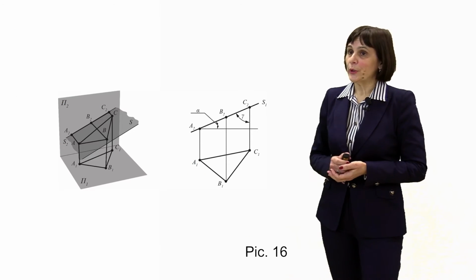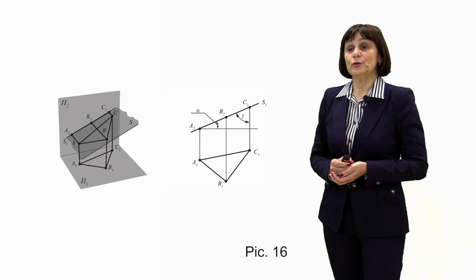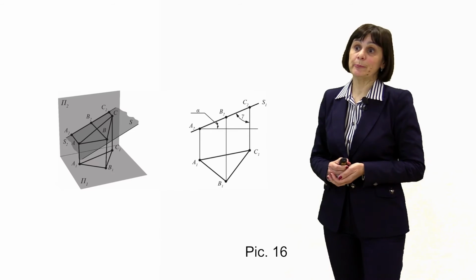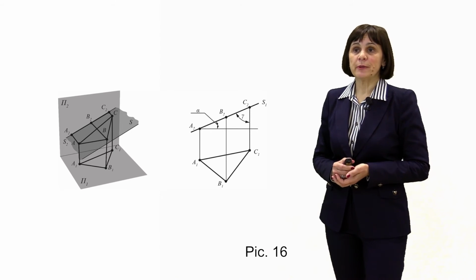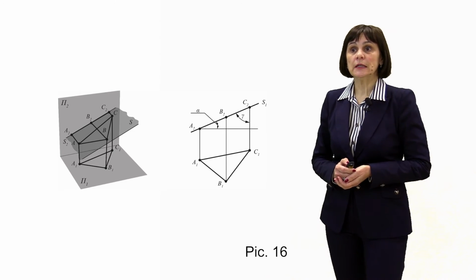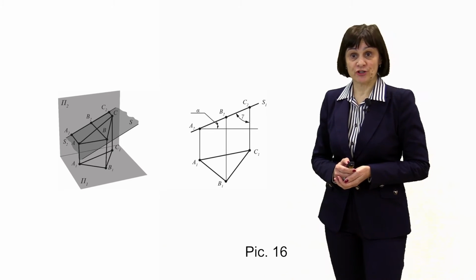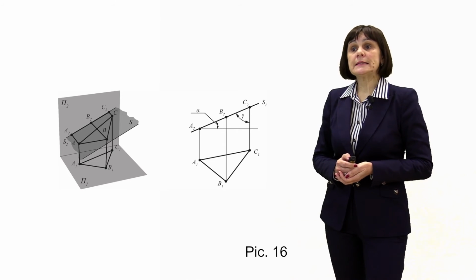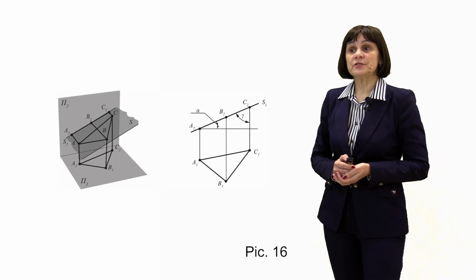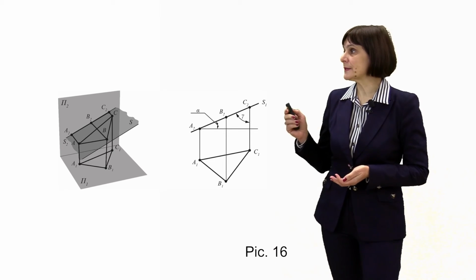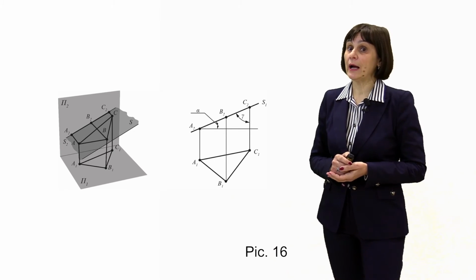This drawing shows the example of a front projecting plane. Front projecting plane is a plane perpendicular to the front plane of projections, pi 2, and is defined by the front trace of the plane, S2. You can see this on our left drawing.